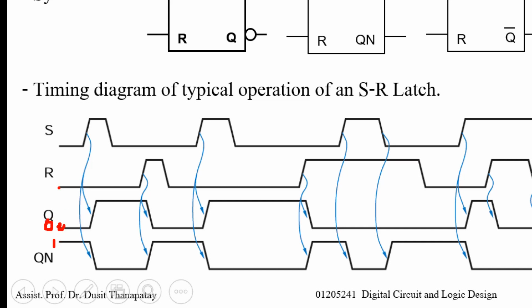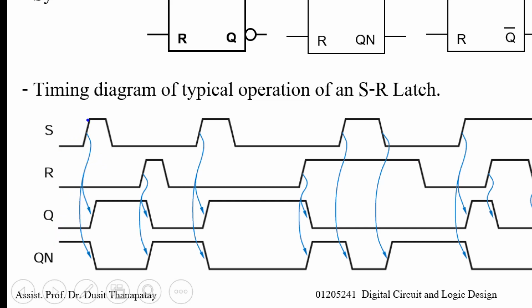Now S is 0, R is 0, both. As time passes, from this point to this point, SR is 0, so not active both. So output Q still stays the same. It is in hold mode. The value of Q does not change. That means this point of time, the value of Q is the same as the previous point of time. The previous point of time Q is 0, so this point of time Q is also 0.